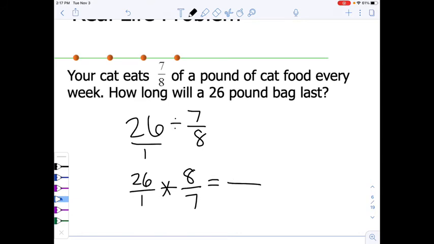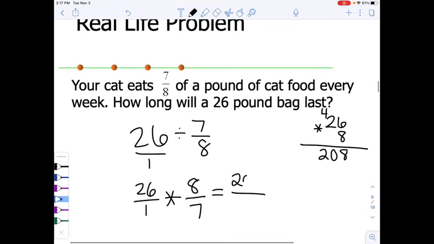Fortunately, there's nothing we can do. So our numerator is 26 times 8, which is 208. And our denominator is 1 times 7, which is 7.